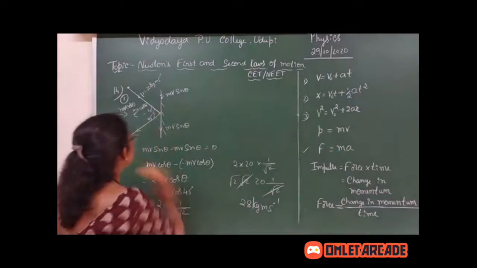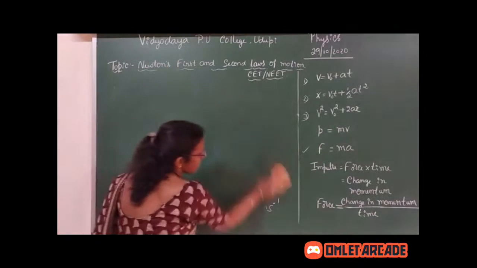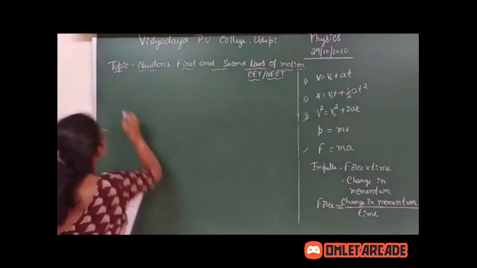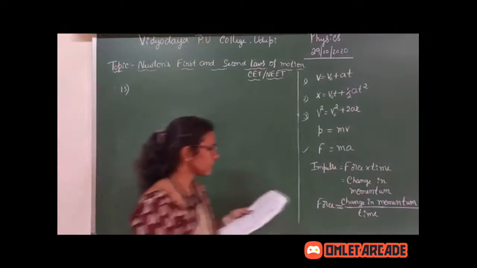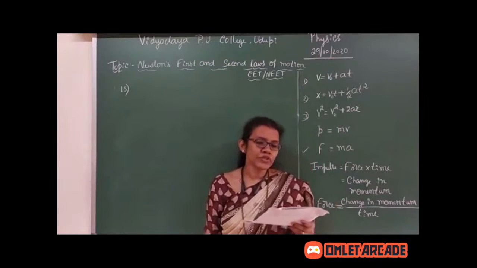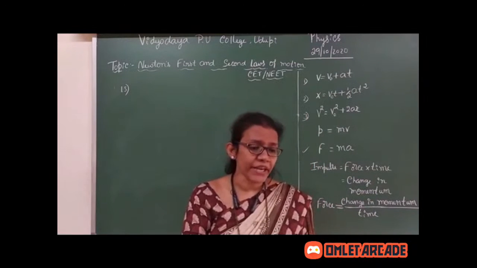Next, question number 15. A body of mass 5 kg is acted upon by forces equal to 3 Newton and 4 Newton, mutually perpendicular to each other.